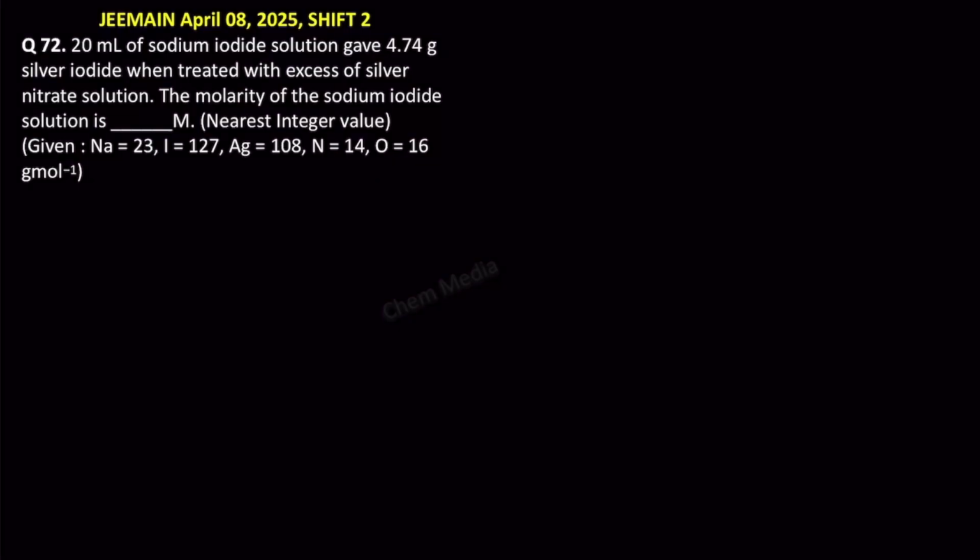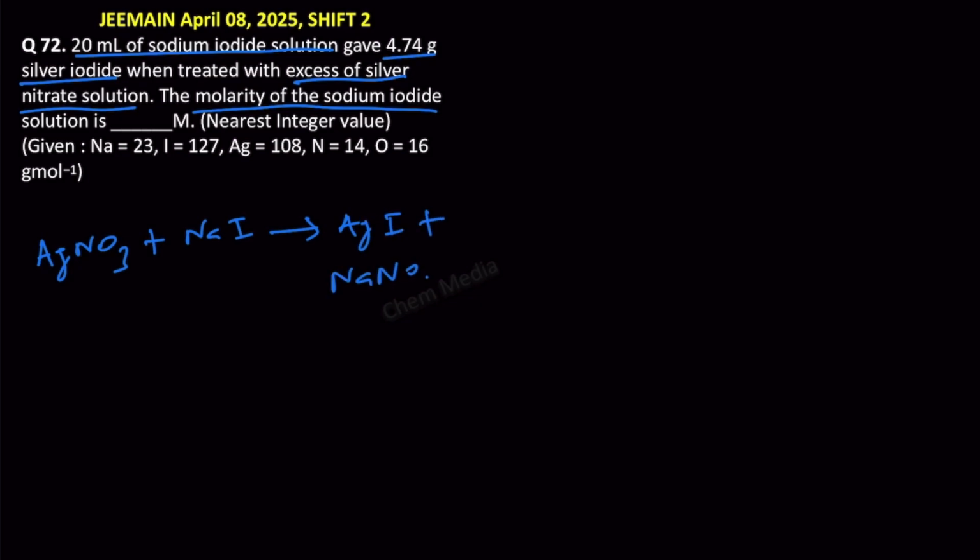20 ml of sodium iodide solution gave 4.74 gram of silver iodide when treated with the excess amount of silver nitrate solution. What is the molarity of the sodium iodide solution? We have excess amount of silver nitrate reacting with the sodium iodide, that gave us silver iodide plus sodium nitrate.